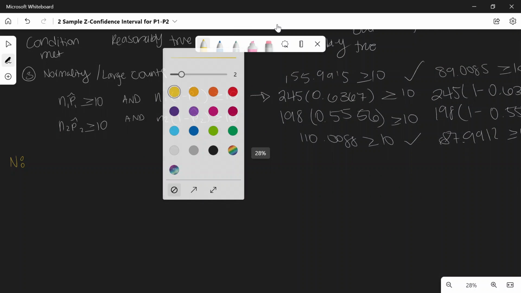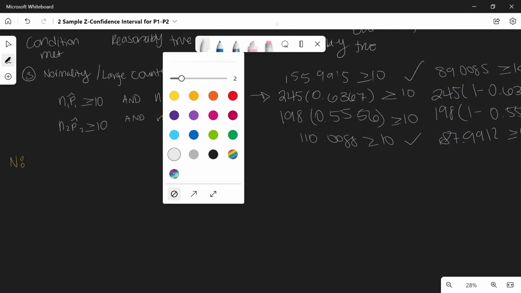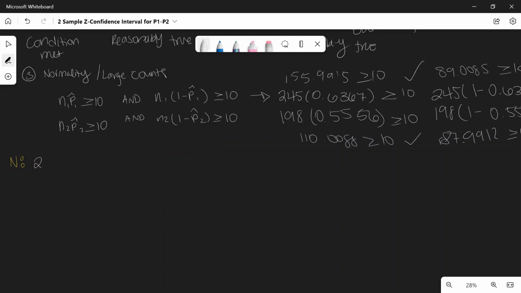N is just the name of the procedure that you're doing. We already did it over here at the top in the beginning. So it's a 2 sample Z confidence interval.